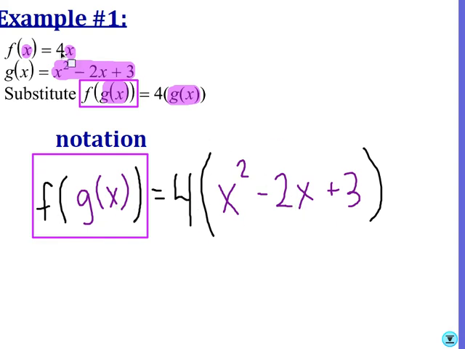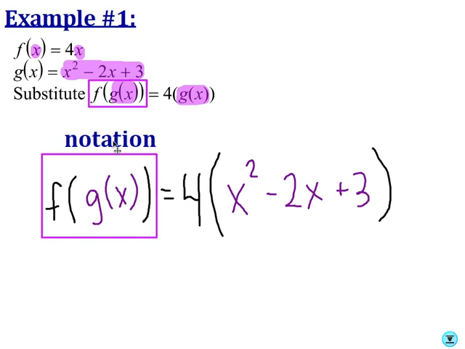Everywhere there was an x in f of x, I substituted in all of the g of x function. So again, the two purple boxes, these are your notations. These are to communicate with other mathematicians and your peers, and others who are educated on this content, to let them know what you're doing and that this is what the step was. We'll get to simplifying in just a few minutes, but I want to give you one more example.